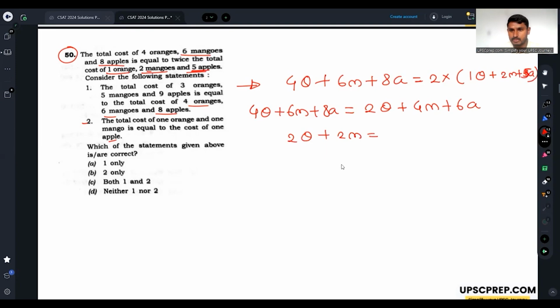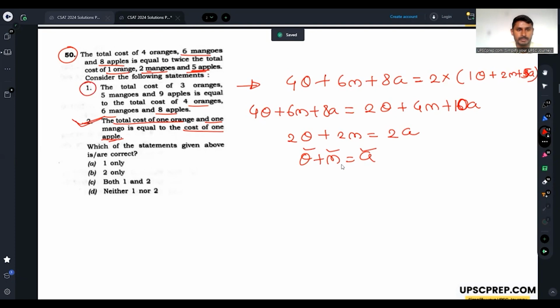It should be 5 here. So this will become 10, right? If I take apple on the right hand side, it will become 10 minus 8, 2 times of apple, right? So oranges plus mangoes can be written as apple. Okay. So if you see this second statement, the total cost of 1 orange and 1 mango is equal to the cost of 1 apple. So statement 2 has been already validated. So statement 2 is correct.